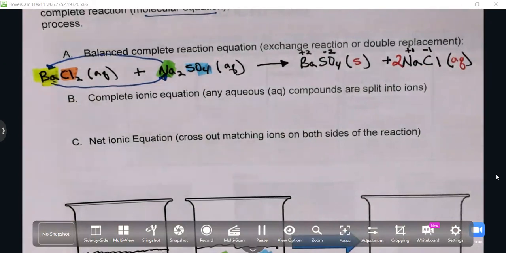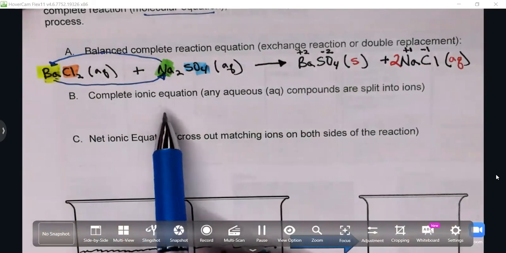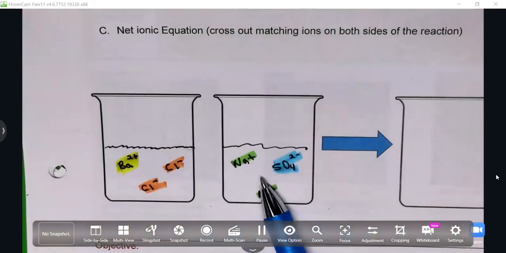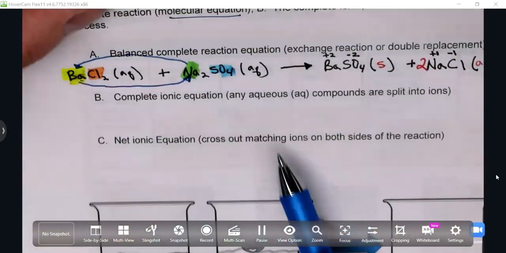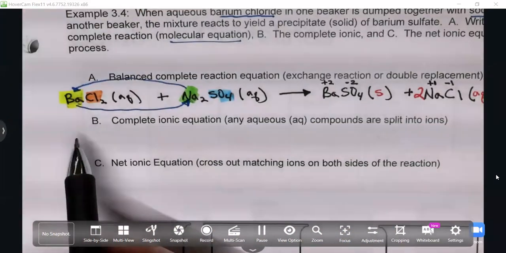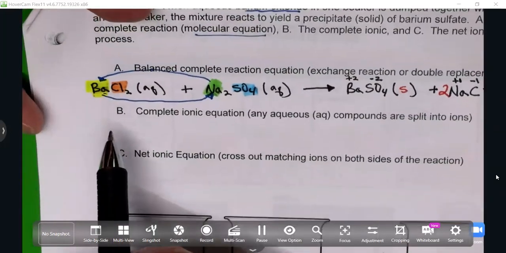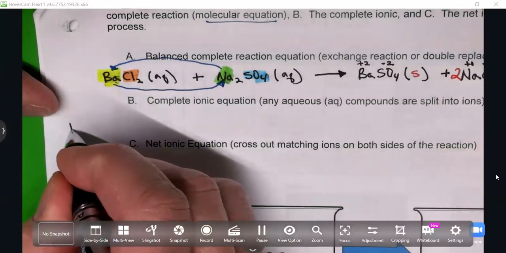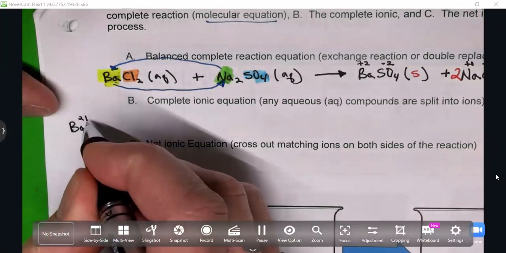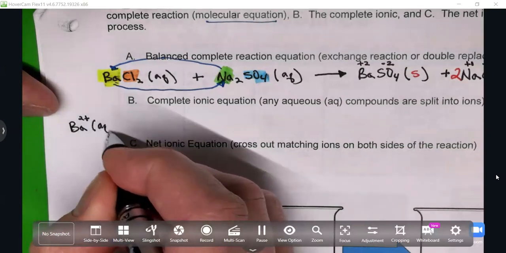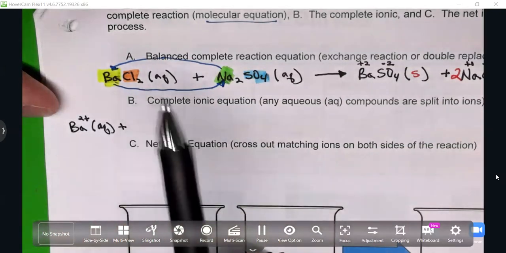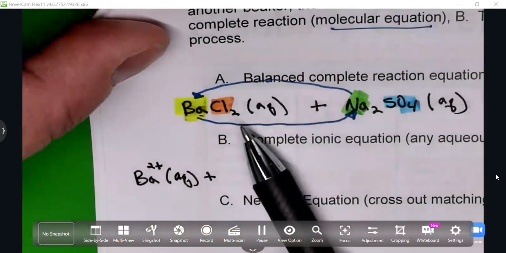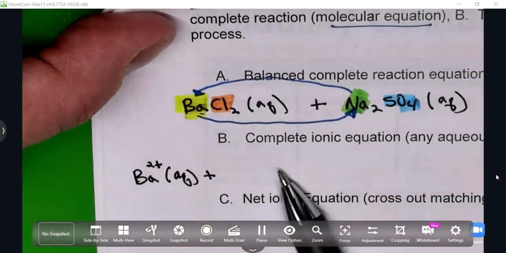Now, what we do for a complete ionic equation is we split everything up into the ions that you see when they dissolve. And we're going to need lots of room for this, so we're going way over to the left here. Barium in a solution for a complete ionic is going to be Ba 2 plus aqueous, plus, how is Cl2 going to be in solution? It is not going to be a Cl2. There's no such thing as a Cl2 ion.